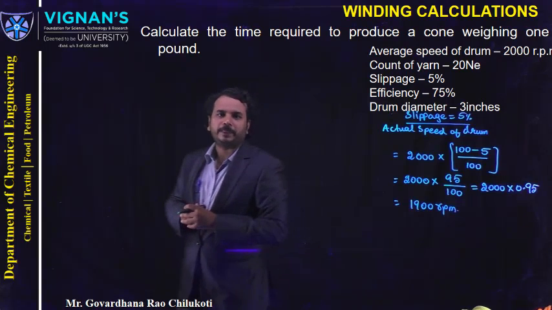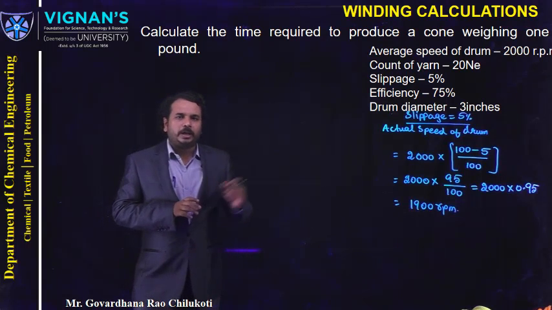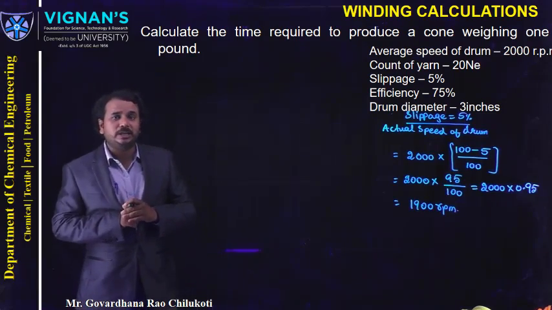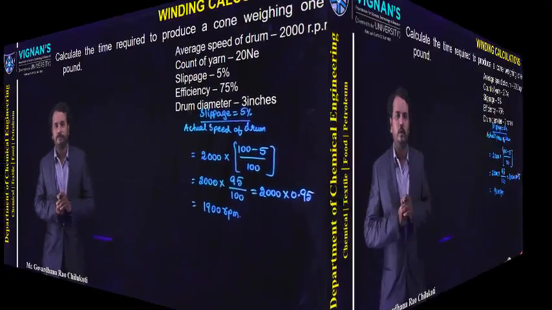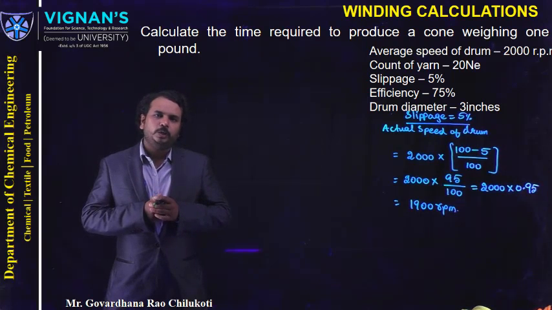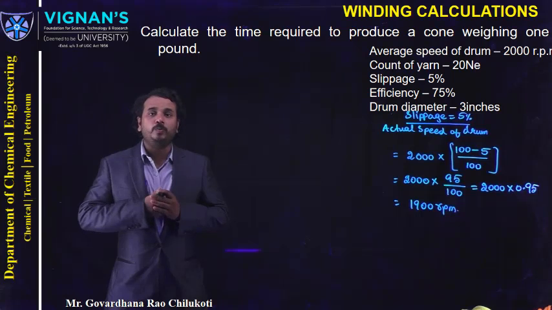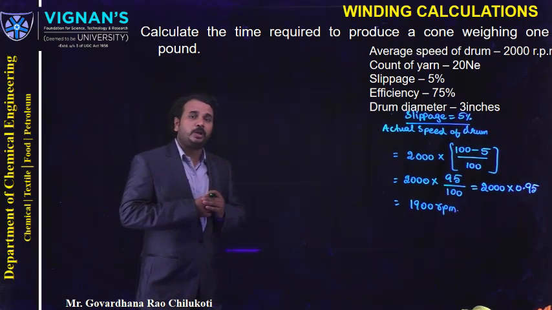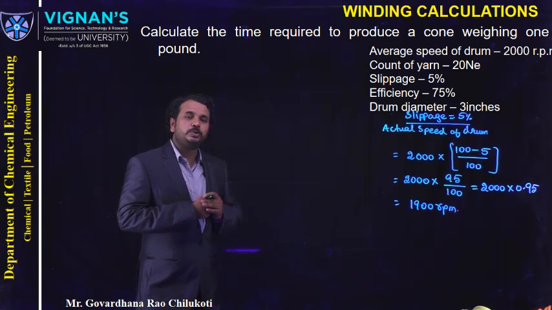This is the thing. Now, after calculating, we are going to calculate what is the production. Now we will recall the production formula. From the production formula, how we can calculate the time required to produce 1 pound of yarn or 1 pound of cone weight.